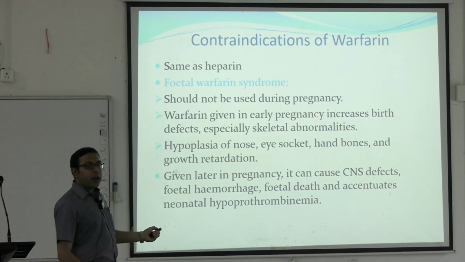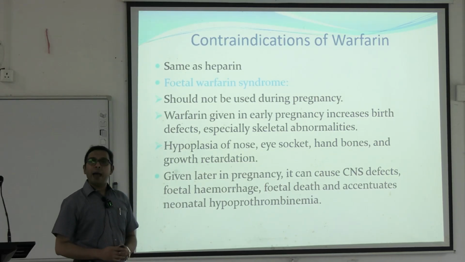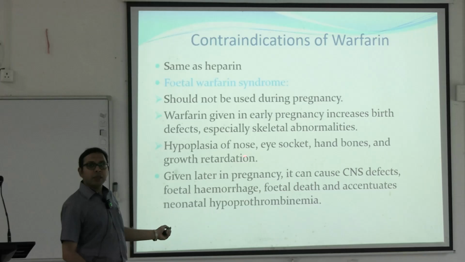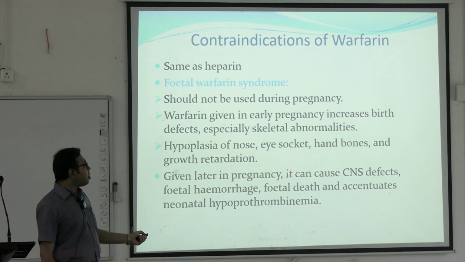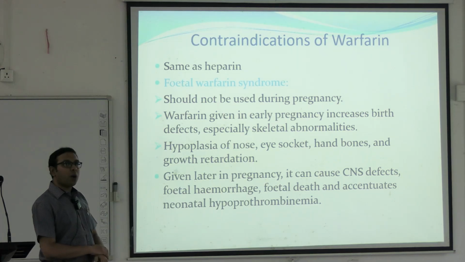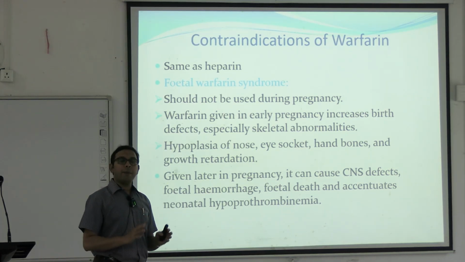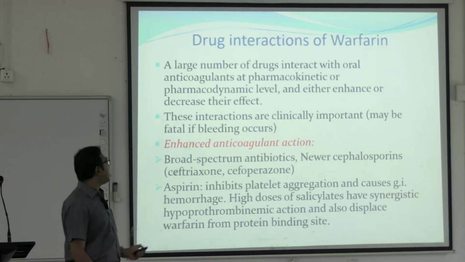Warfarin given in early pregnancy increases birth defects, especially skeletal abnormalities. Hypoplasia of the nose, eye sockets, hand bones, and growth retardation can happen. Given later in pregnancy, it can cause CNS defects, fetal hemorrhage, fetal death, and accentuates neonatal hypoproteinemia. So these problems can happen if we use warfarin in pregnancy. That's why it is not to be given.